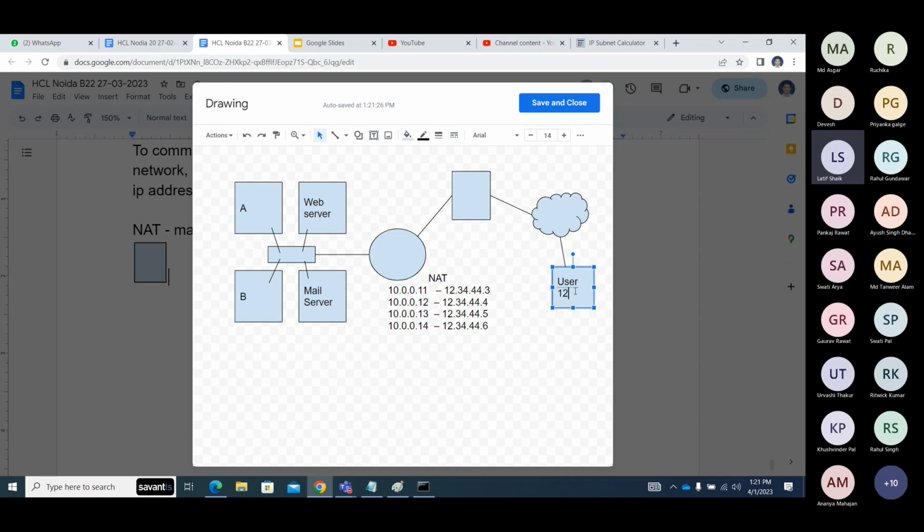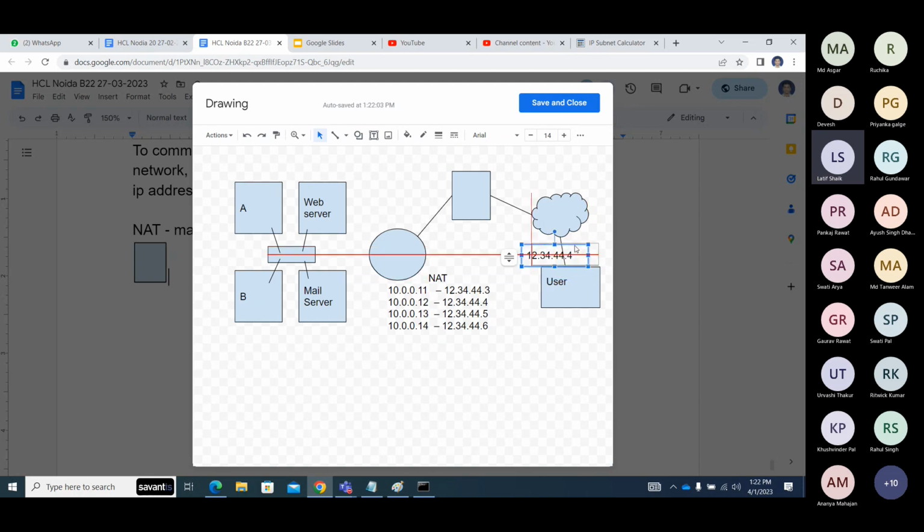In the browser, he will put, for example, 12.34.44.4 in the web browser and send a request with this.